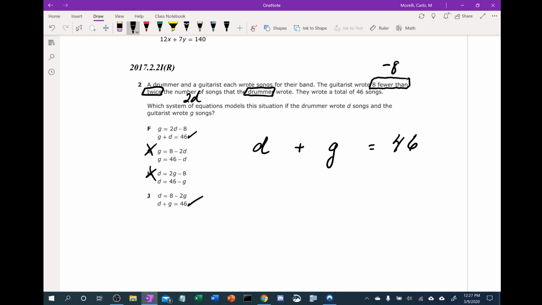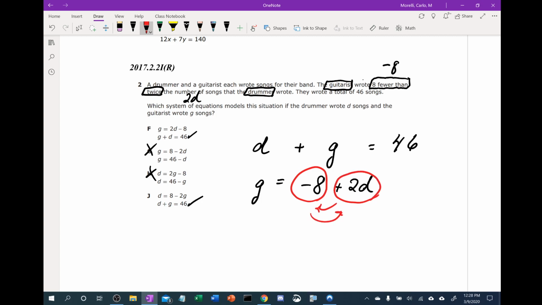So it says here, the guitarist wrote, so I'll say G for guitarist equals minus 8 plus 2D. If I just flip-flop these, that's allowed in math. I could say G equals 2D minus 8.